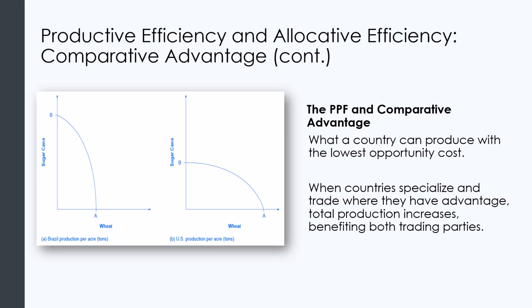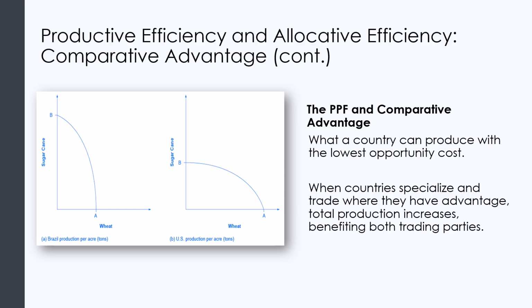So let's take that concept, allocative and productive efficiency, and introduce a vocab word called comparative advantage. This will pop up especially in our trade and policy chapters. And comparative advantage is what products, goods, or services countries can produce with the least amount of opportunity cost.